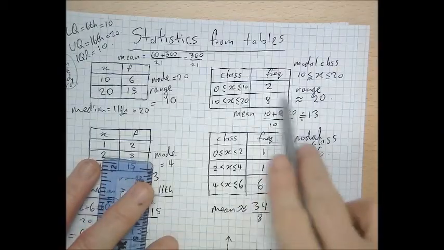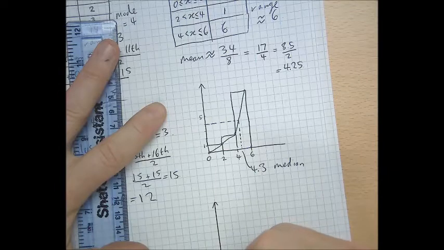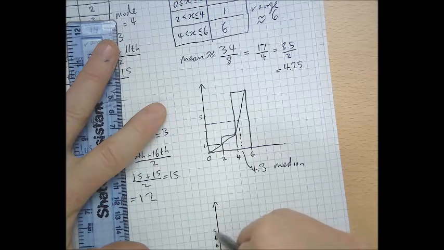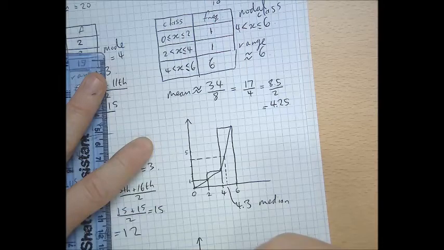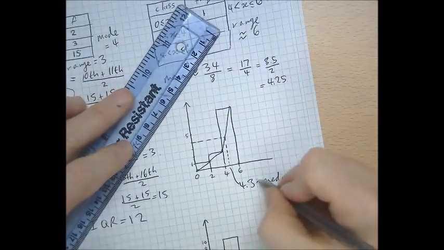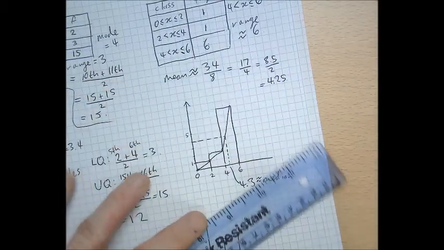First rectangle, height of 2. Next rectangle, height of 10, so 2 plus 8. Connect the corners of the rectangles.